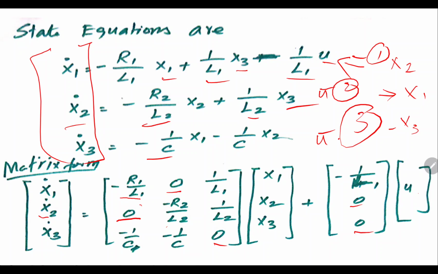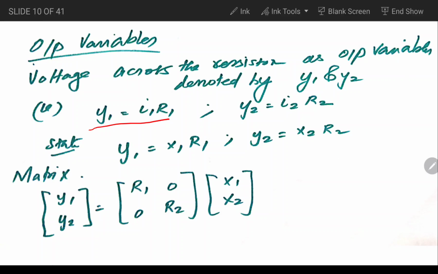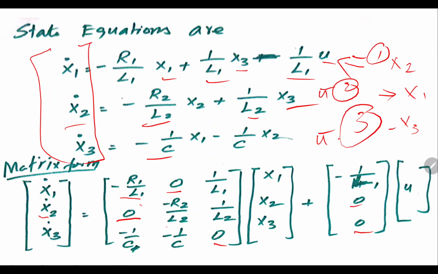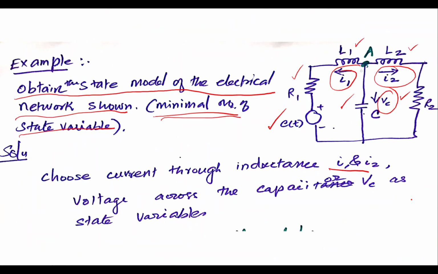So this is the state equation, and the input is included. Now the output equation. We have two resistors, and these two are the outputs.